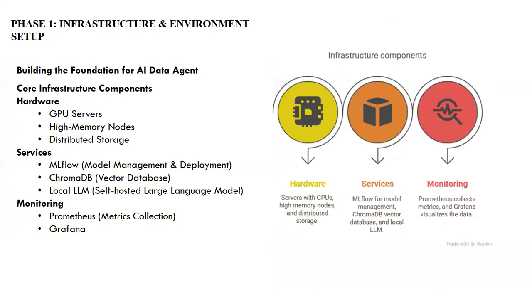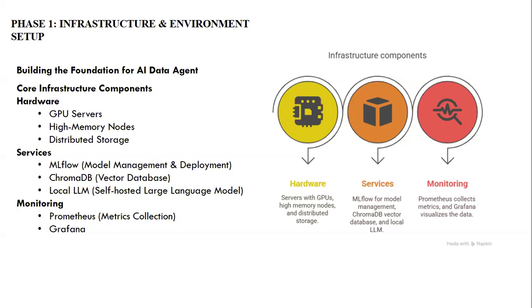So we lay the foundation of our AI agent. This involves high performance hardware. We require high performance hardware like GPU servers and high memory nodes, along with distributed storage for this use case.